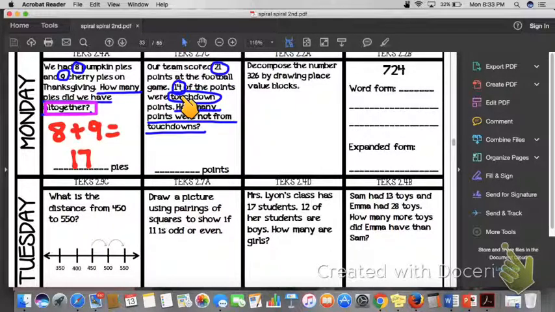We know how many points we have for touchdowns, but we don't know how many were not from touchdowns. And in order to do that, we have to, what do you think? Subtract. And our boom word is not. They want to know what is not touchdowns. They only told us what is touchdowns, but they didn't tell us what is not touchdowns. So I'm going to subtract 21 minus 14.